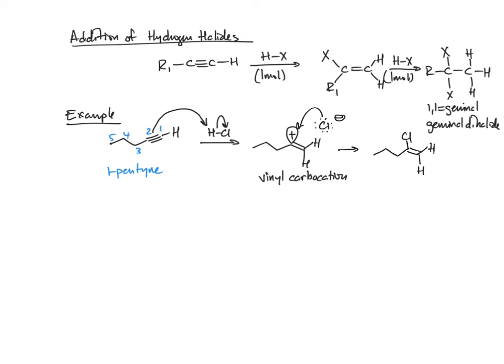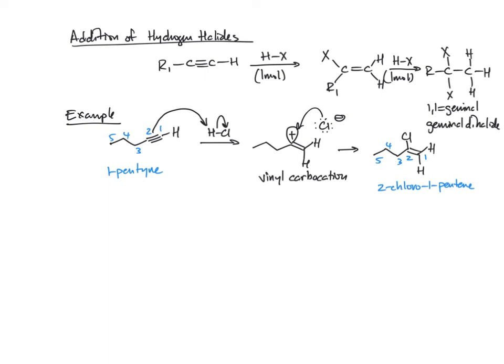And so now we've taken 1-pentyne. Let's put in our numbers here, and let's name this 1, 2, 3, 4, 5. So we have 2-chloro-1-pentene. Notice we have no E or Z in this case because these are both H's. So there's no E or Z for this molecule.